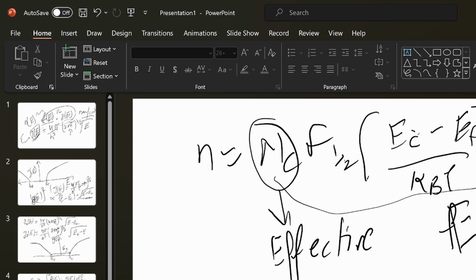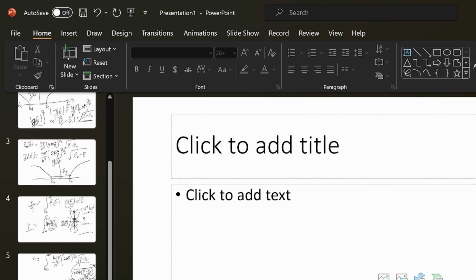This is EC, so density of states is starting from here. I will take a new slide.